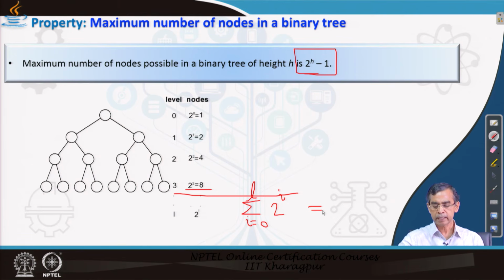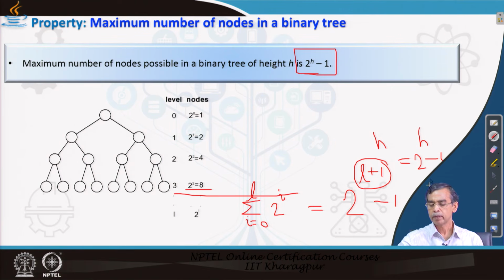This expression leads to 2 to the power L plus 1, minus 1, and you know L plus 1 is basically the height. So that is why this formula stands as 2 to the power h minus 1. This is the formula for the maximum number of nodes possible in a binary tree, and it is possible when the binary tree is a full binary tree.